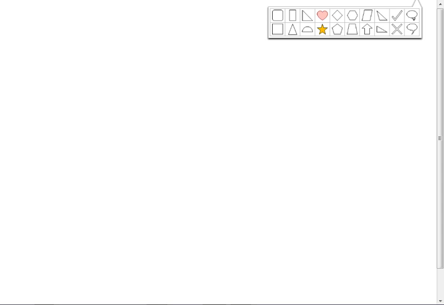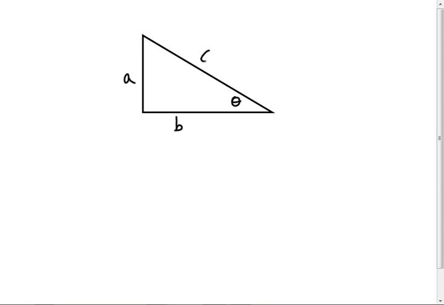And we're going to draw a triangle. Okay. So here's my angle. Let's do all the trig functions. What's the sine of theta?